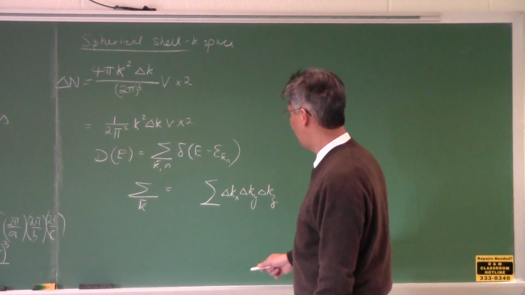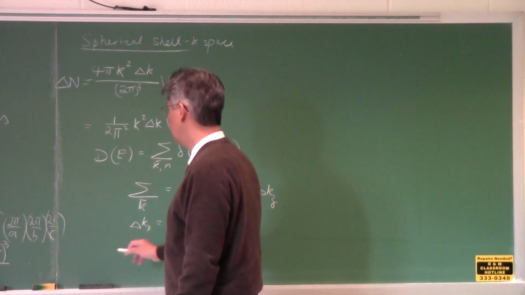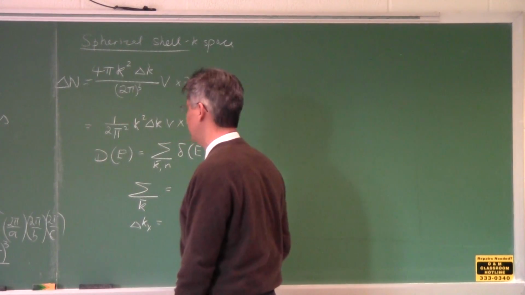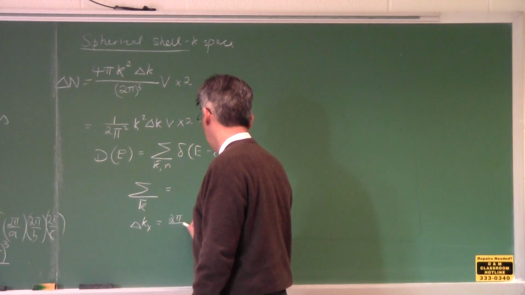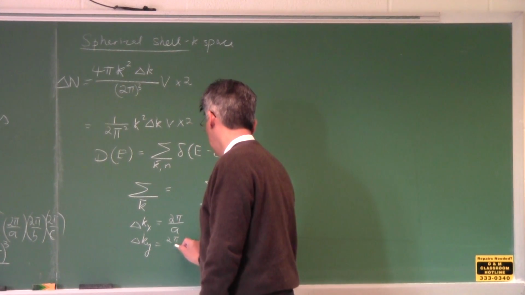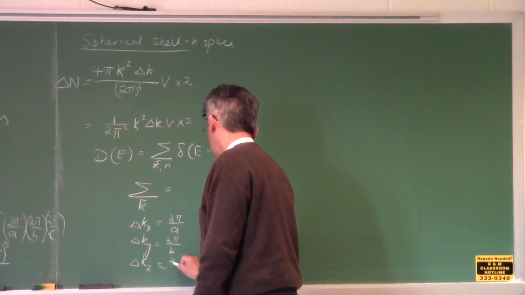But what is delta kx? Delta kx is just equal to the discretization of kx in this manner, 2 pi over A. Delta ky is 2 pi over B. Delta kz is 2 pi over C.